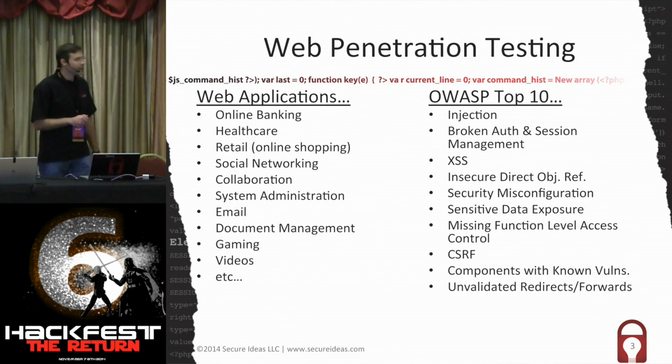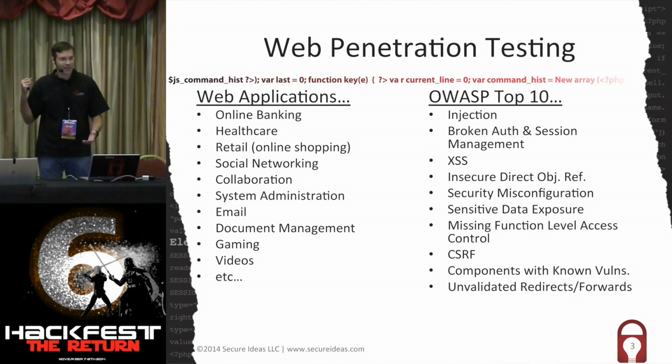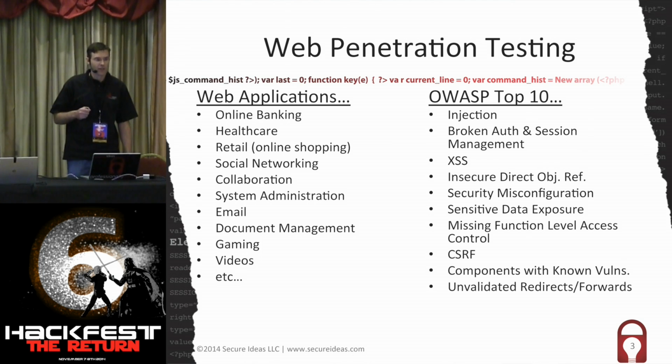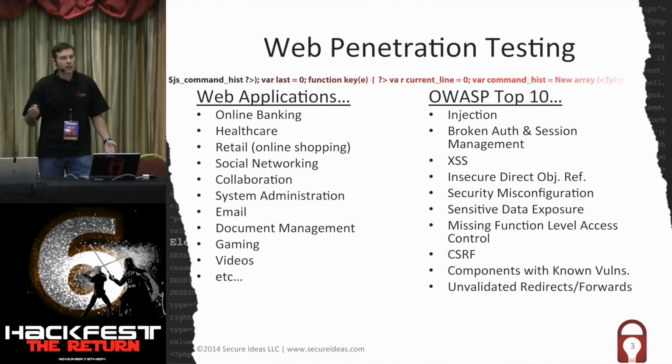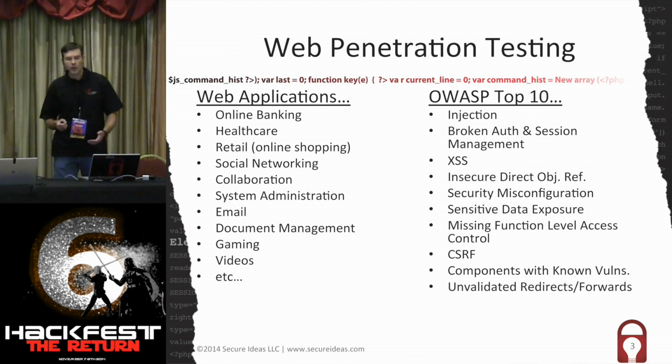Okay, so web penetration testing. Why is this important? Well, Francois just finished a talk on defending against web attacks. They're still one of the primary targets. This is the main form of interface that users have with the internet and the network. So we put everything out there on the web.